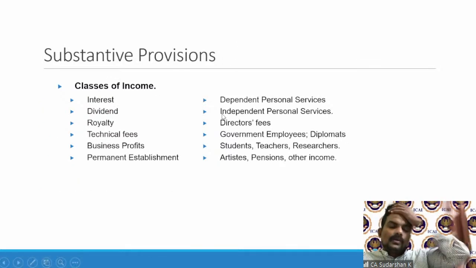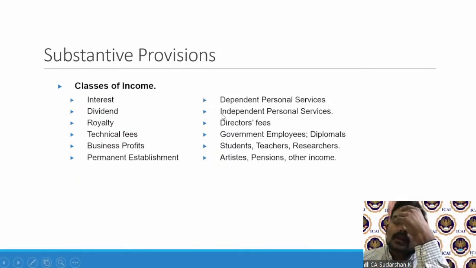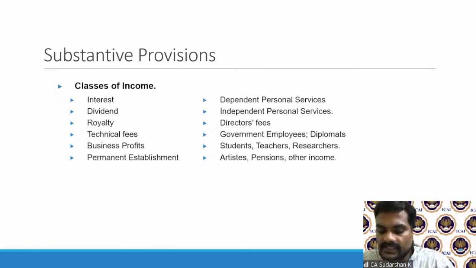So, having seen how the treaty works, one more aspect that we also looked into is the applicability of the GAAR principle, General Anti-Avoidance Rule. A treaty benefit will not be available if GAAR provisions are invoked under Chapter 10A, which is an anti-avoidance mechanism.